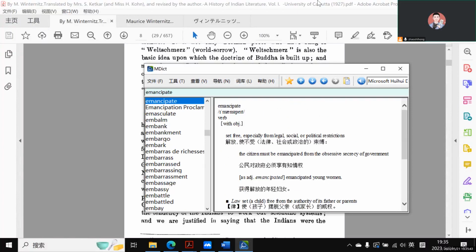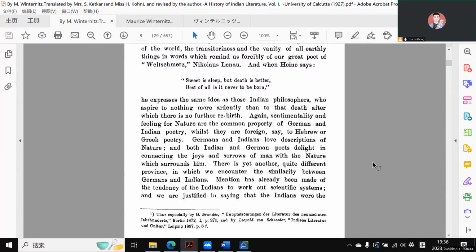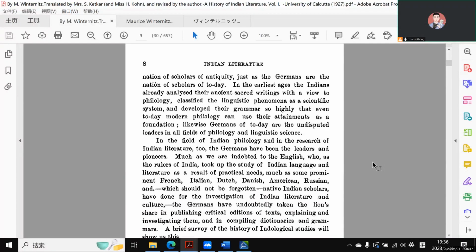Actually, what we call 解脱 in Chinese. Okay, this is what Winternitz has realized, that in some aspects, old Indian scholars, especially those philosophers, have in their minds some similar ideas with the Germans. That's not a very strange thing.